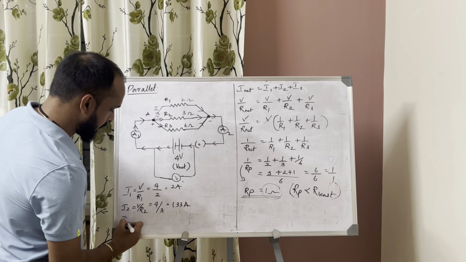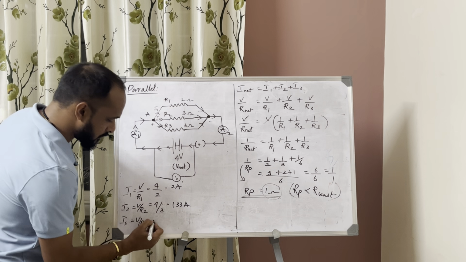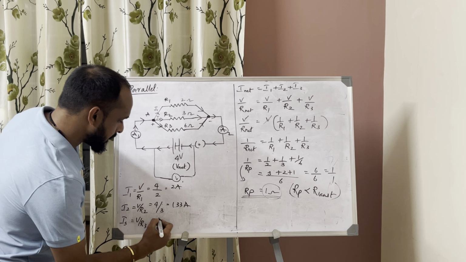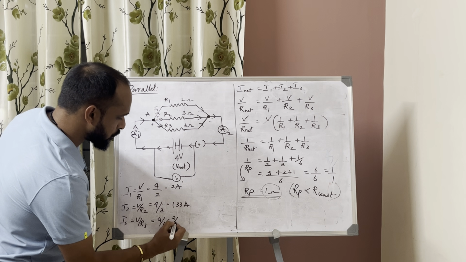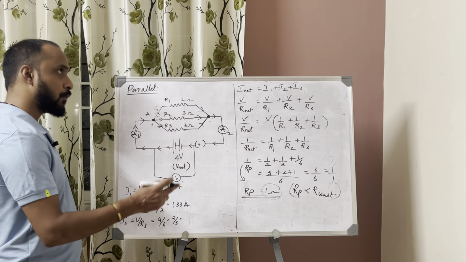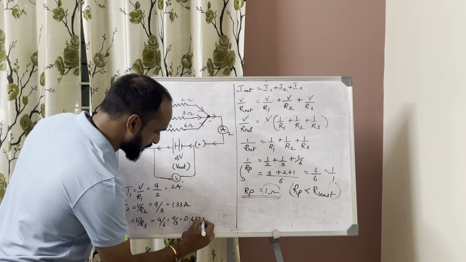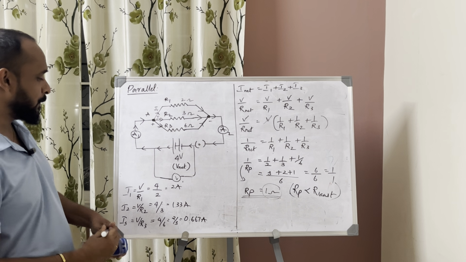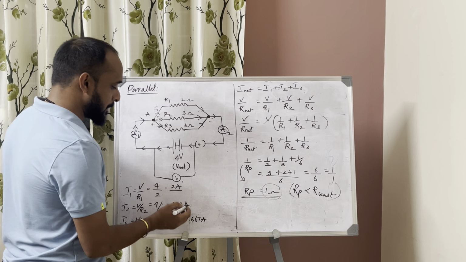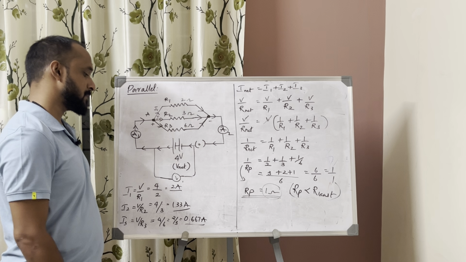Next, the third current is equal to voltage divided by the third resistance, which is 4 divided by 6, which is 2 by 3, which is 0.667 amps. Okay. So as of now, the net current is 2 amps plus 1.33 amps plus 0.667 amps.